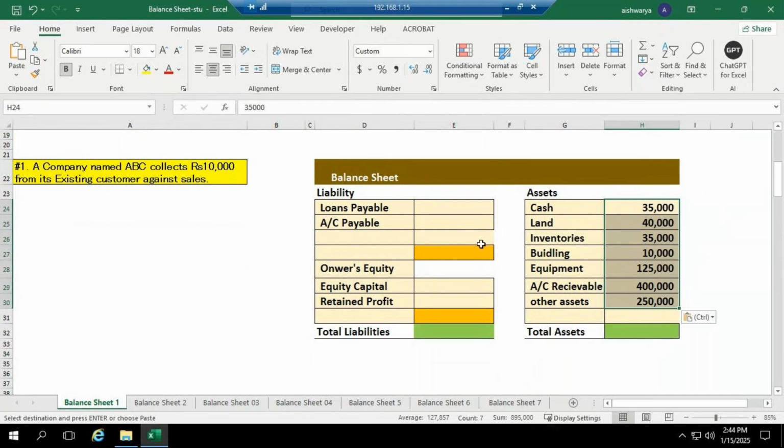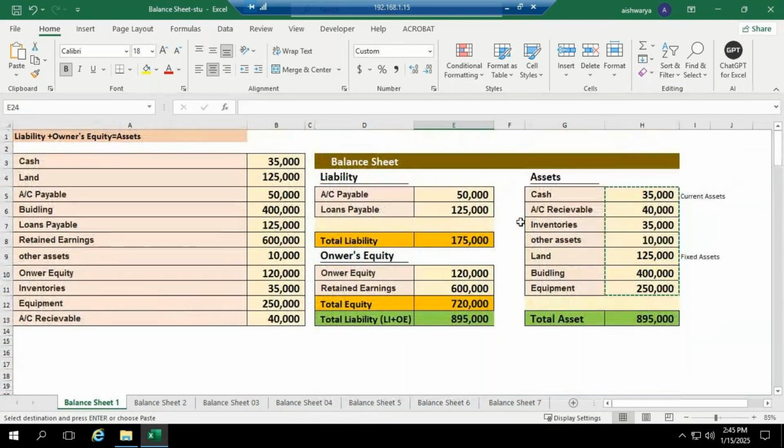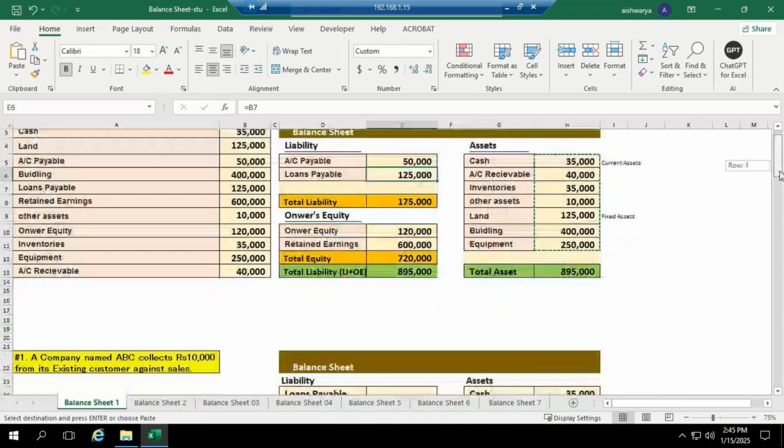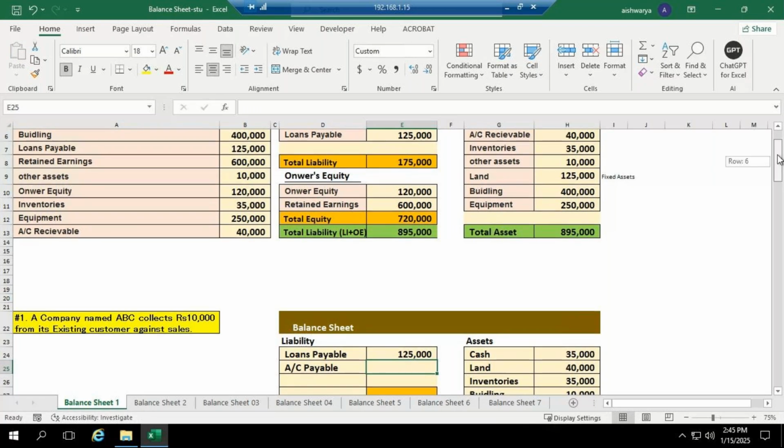Okay. Other assets. So then, what is this loans payable? Loans payable, that means 1,25,000. Then accounts payable, how much? 50,000.